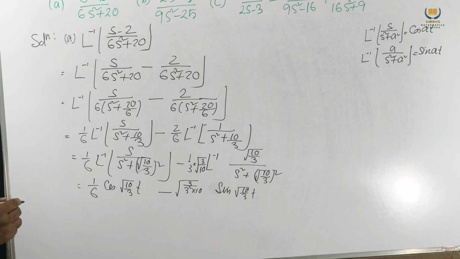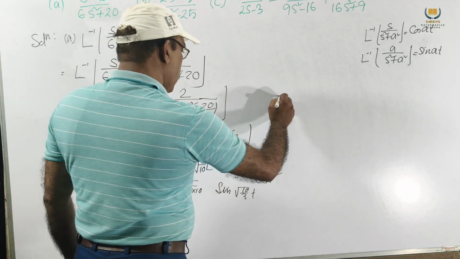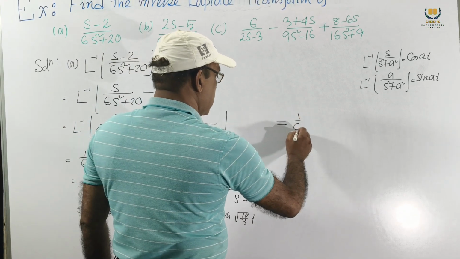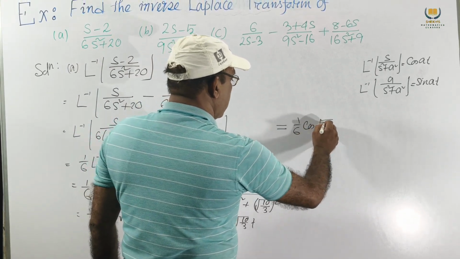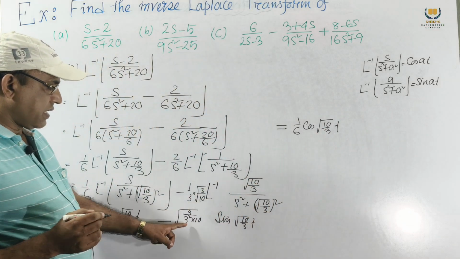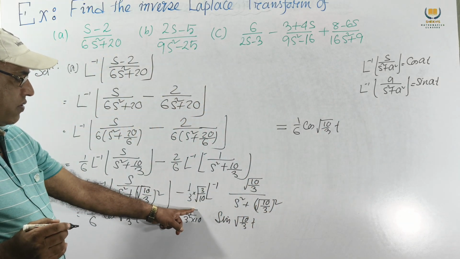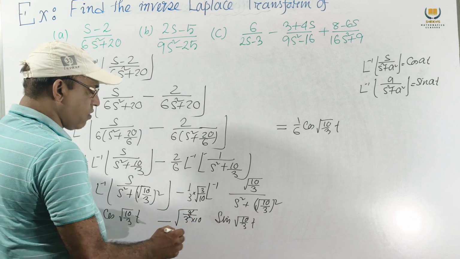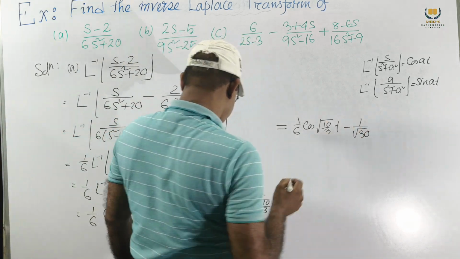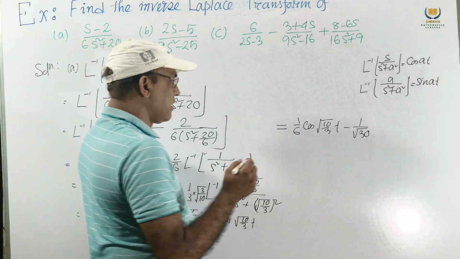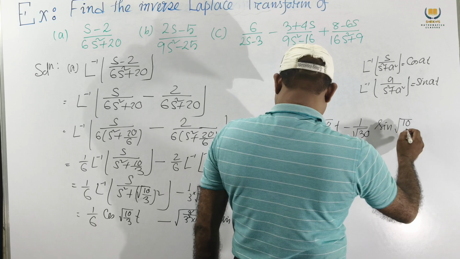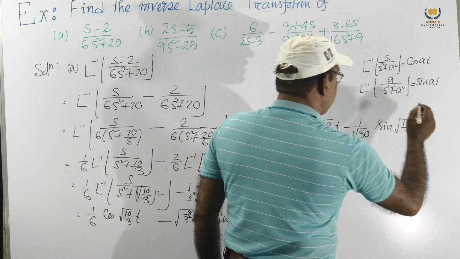We can write this as 1 by 6 cos root 10 by 3 t, and the 3 cancels, giving 1 by root 30 sin root 10 by 3 t.